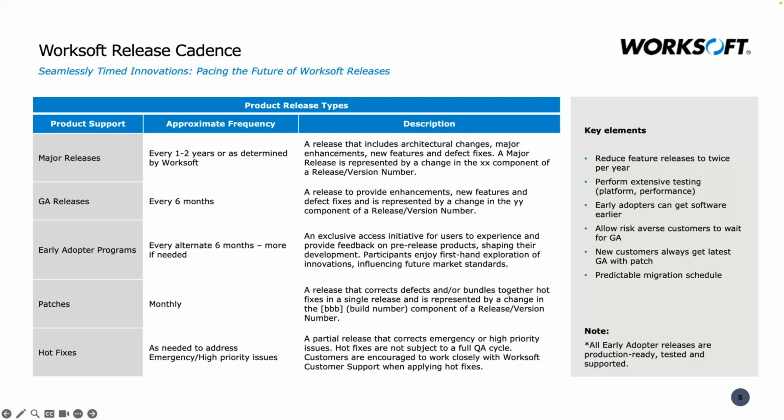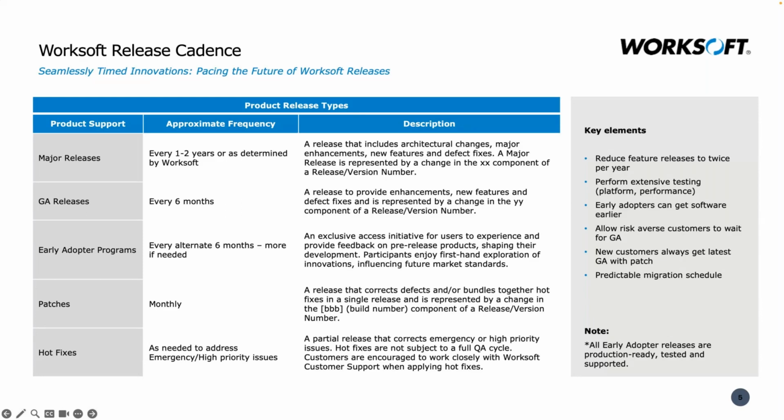However, that has been largely how Worksoft has done our releases historically, and we will continue to do that around our major releases. I would say the bigger change that we are making this year is that we will also have 2 types of releases, what we call early adopter releases as well as GAs. To be very clear, both GA releases and our early adopter releases are fully tested, fully supported, and production ready.